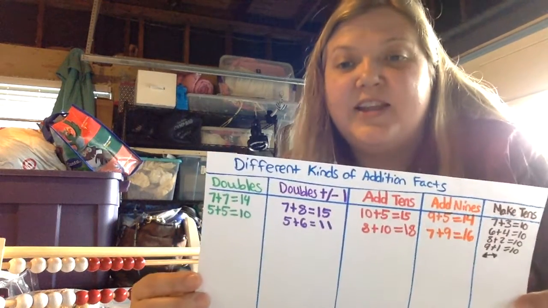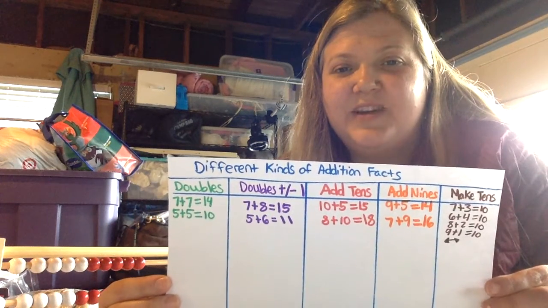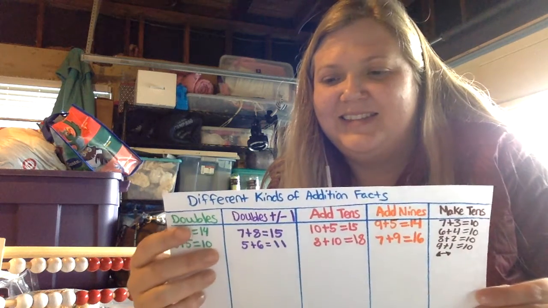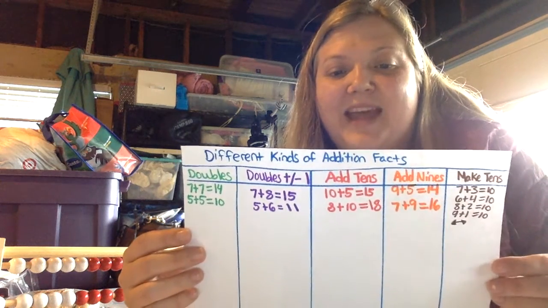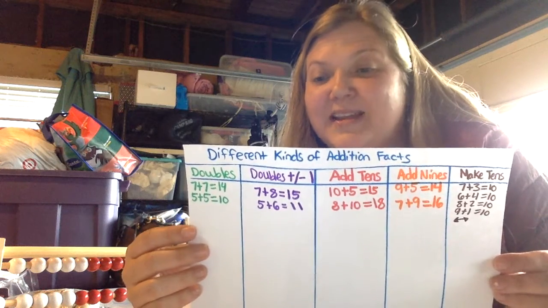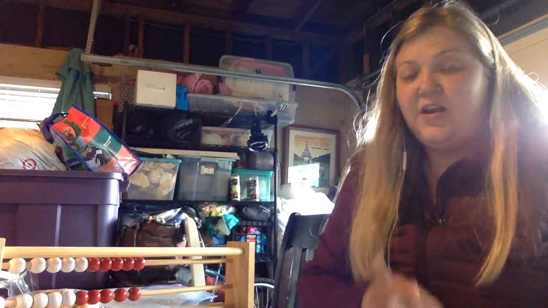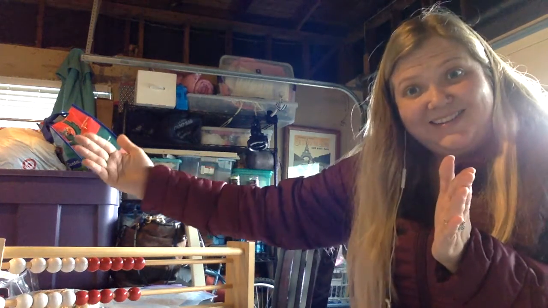So remember some of the strategies we've been looking at, different kinds of addition facts. Make 10s, add 9s, add 10s, doubles plus or minus 1, and doubles. We also have our strategies that you learned in kindergarten of counting on, counting up.